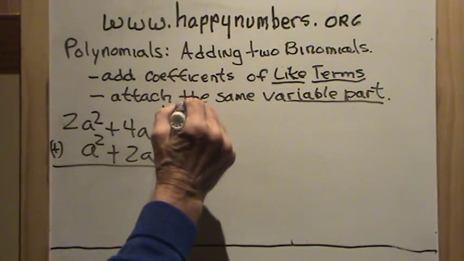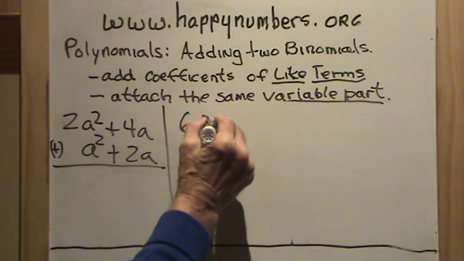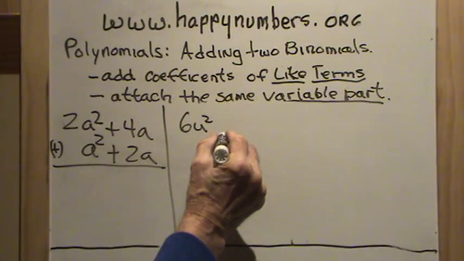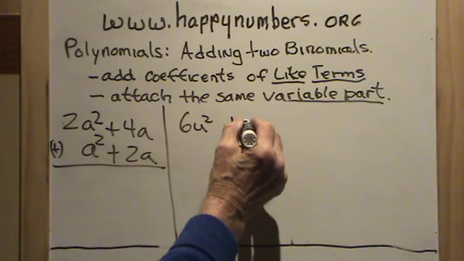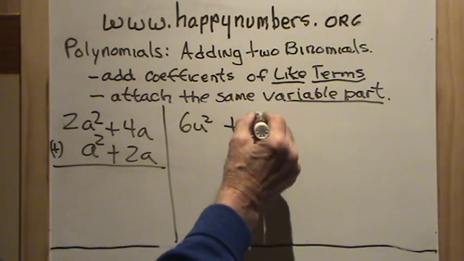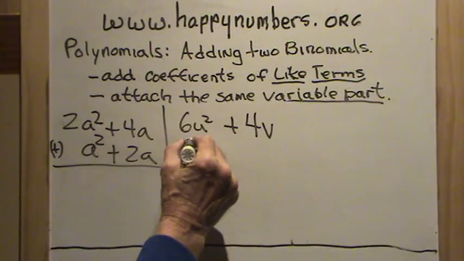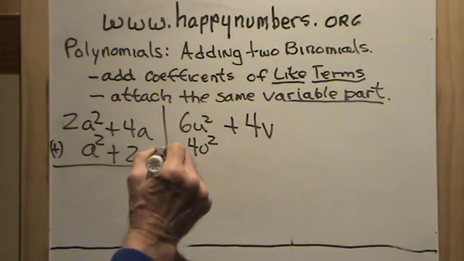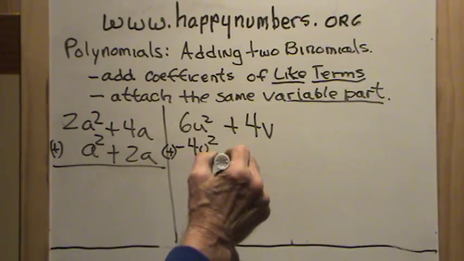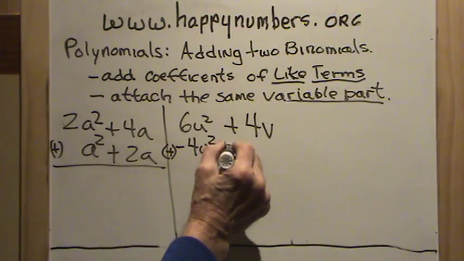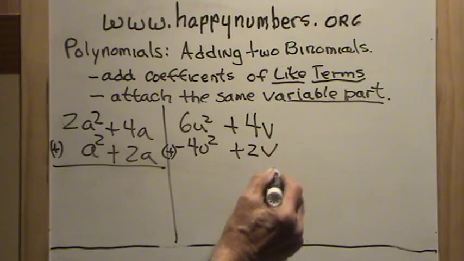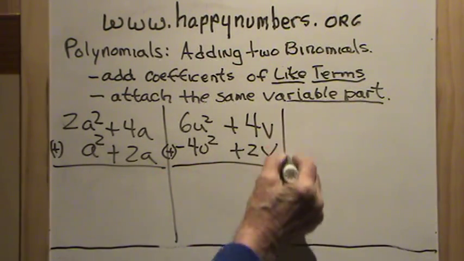And then let's take 6u to the second power plus 4v, and then a negative 4u to the second power. Remember, we're adding these. Plus 2v, that'll be your second problem.